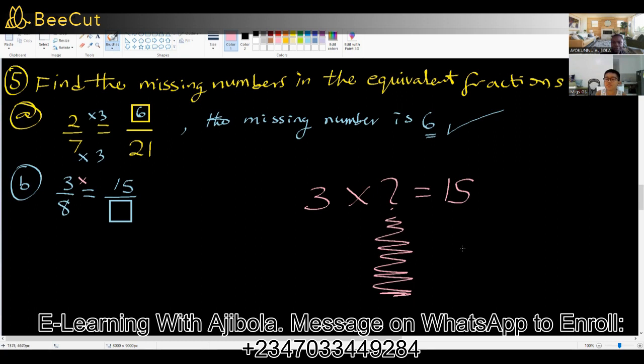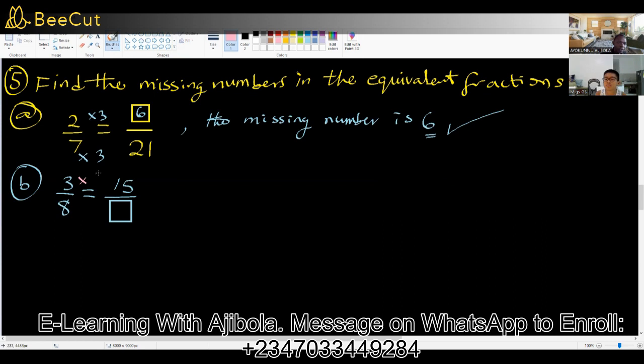5. 5, that's correct. So we can put 5 there and say 3 times 5 is 15. So we multiply this also by 5. So what is the answer here? 40. 40, that's correct.